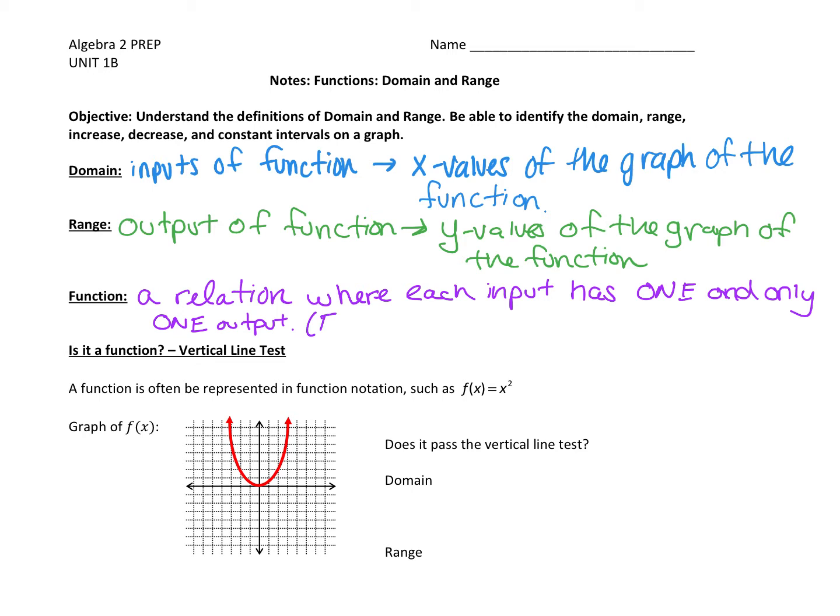So what we call this is, we say for each x value, there is only one y value.